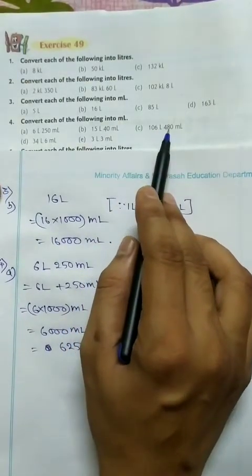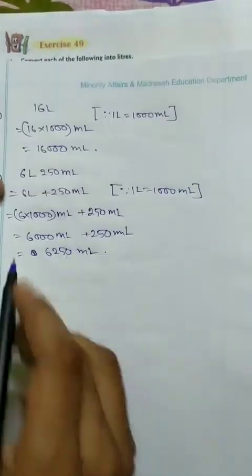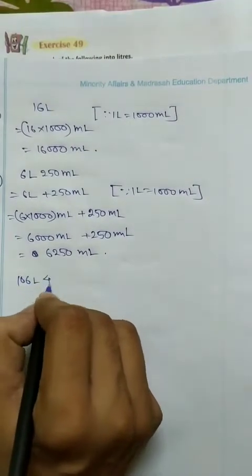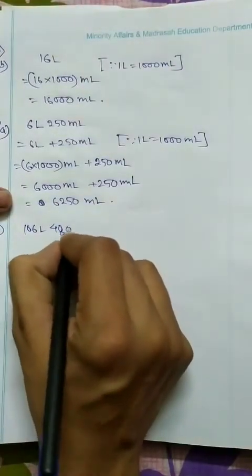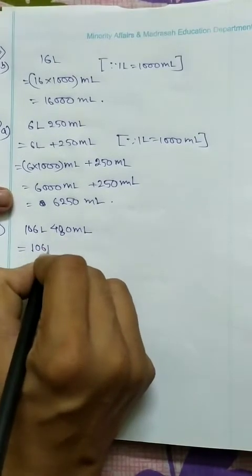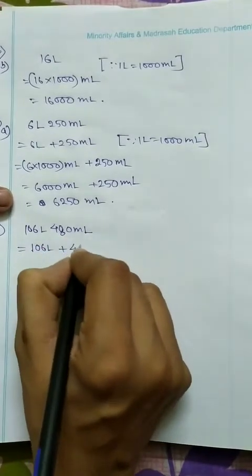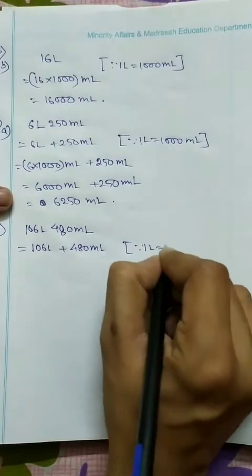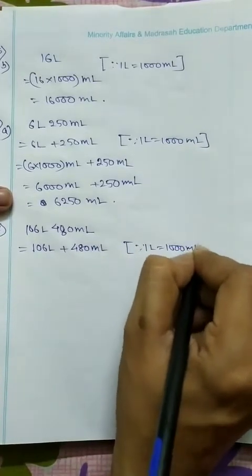Okay, now see question number C. 106 liter 480 milliliter. Okay, that is, first separating this we have 106 liter plus 480 milliliter. Now 1 liter equal to 1000 milliliter.